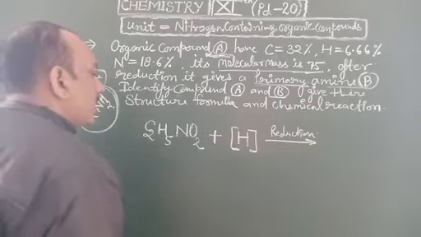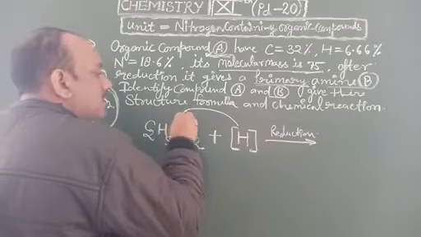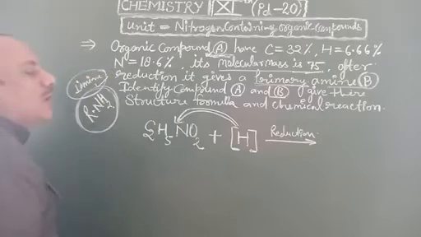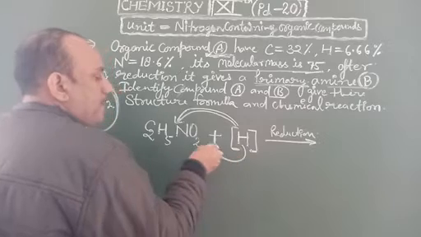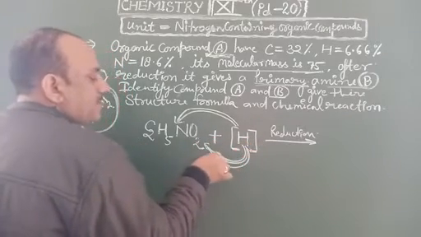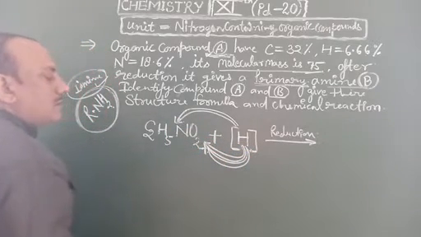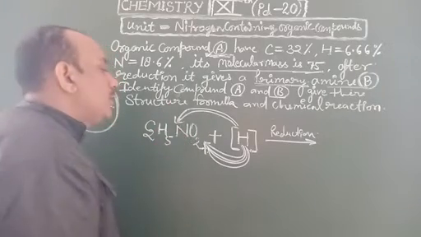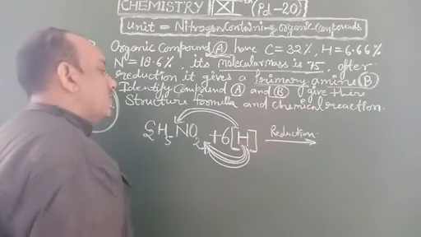So here nitrogen consumes 2 hydrogen atoms to form the amino group NH2, and then 2 oxygen atoms consume 4 hydrogen atoms for the formation of water molecules. So a total of 6 hydrogen atoms are consumed in this reduction reaction.